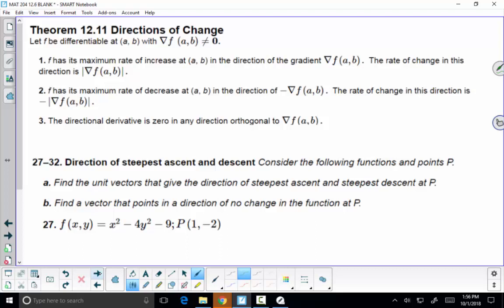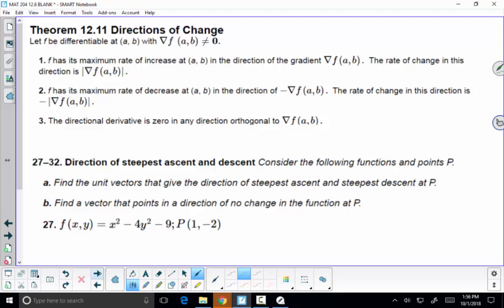So it's down in the domain, and the direction the surface is climbing most quickly, if you look down in the domain, that little gradient vector is pointing in that direction. So the gradient points in the direction of maximum increase, and that rate of change is going to be the absolute value of del f at the point a, b.